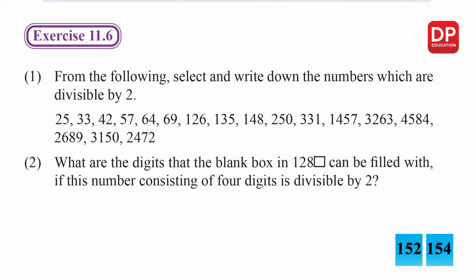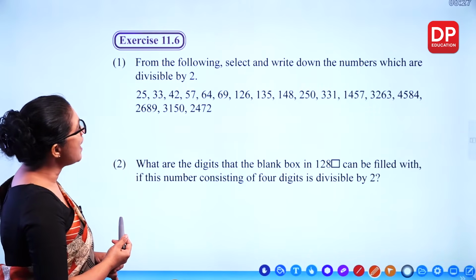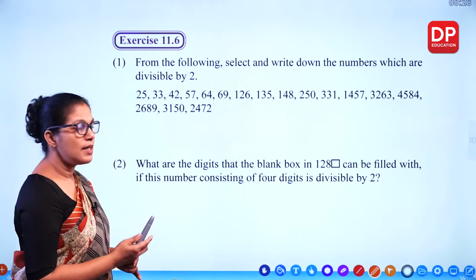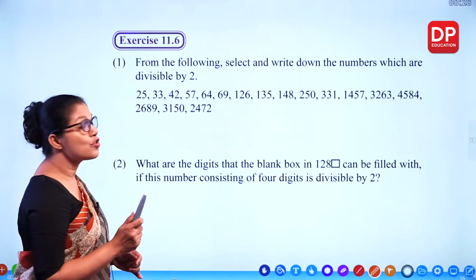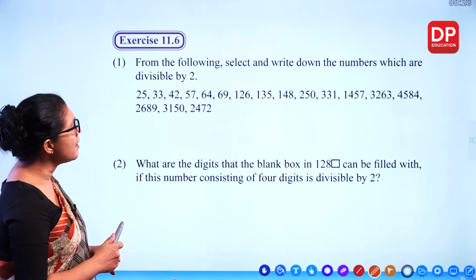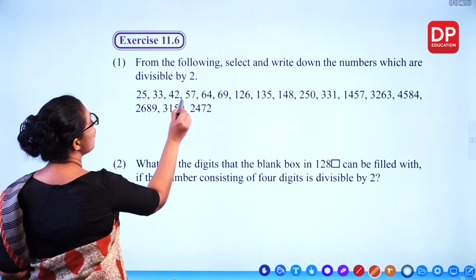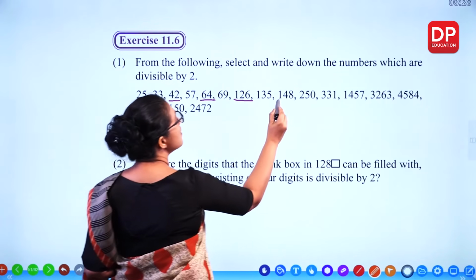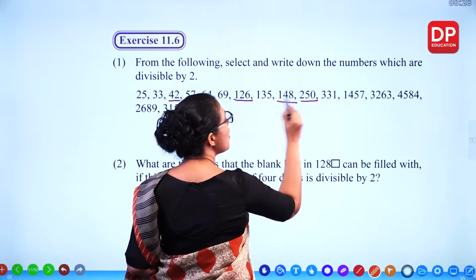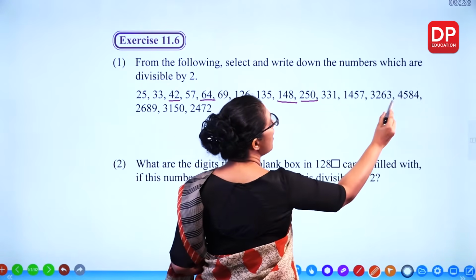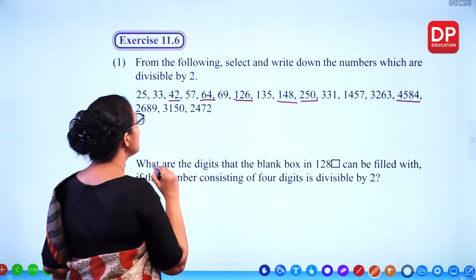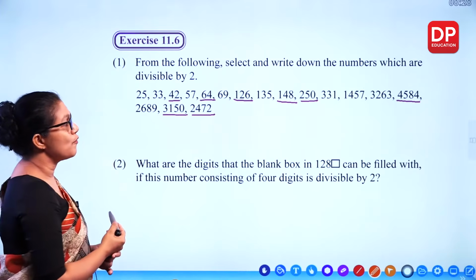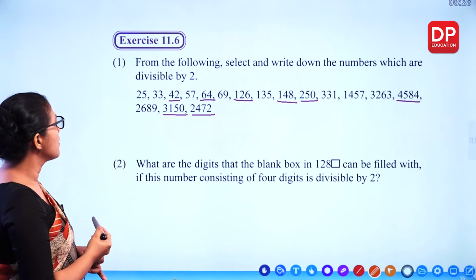Exercise 11.6. From the following, select and write down the numbers which are divisible by 2. So what's the condition? The last digit should be an even number or 0. So 42, 64, 126, 148, 250. So you have to look at the last digit.